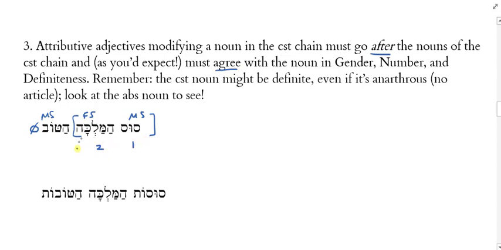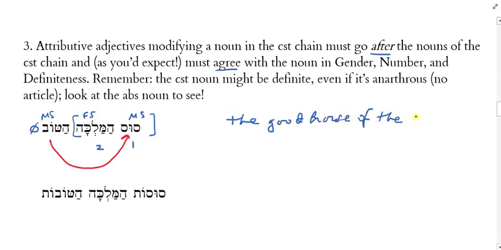But which noun does it modify? The sus or the malka? It modifies the sus. Okay? So how am I going to translate this? Yes, it's the good horse of the queen. You see how that works? Okay? The good horse of the queen.